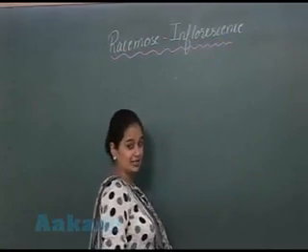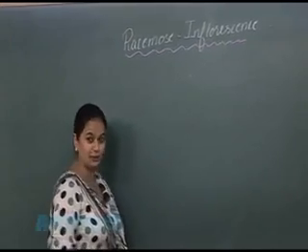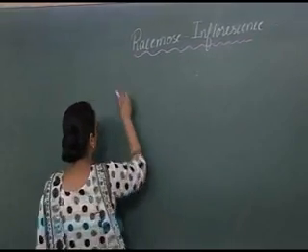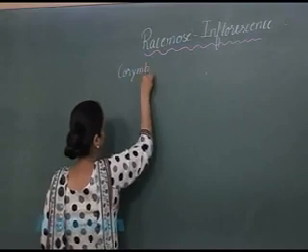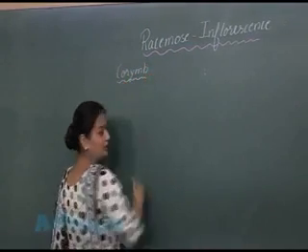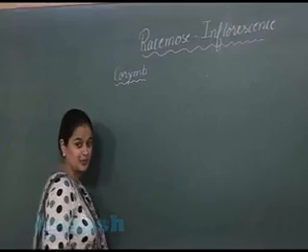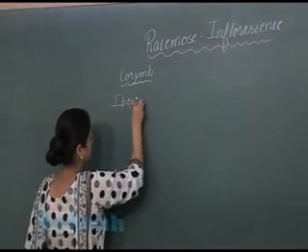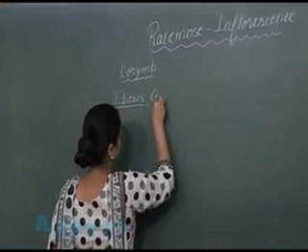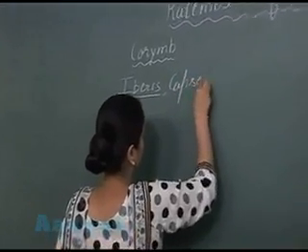So the next category of RACEMOSE which I will be dealing today, that is the corymb inflorescence. Now the corymb inflorescence is present in the iris. Second example for this is capsella.